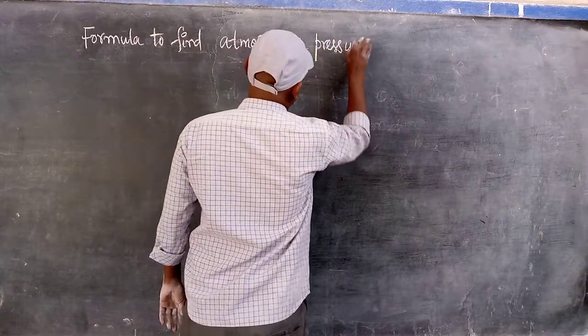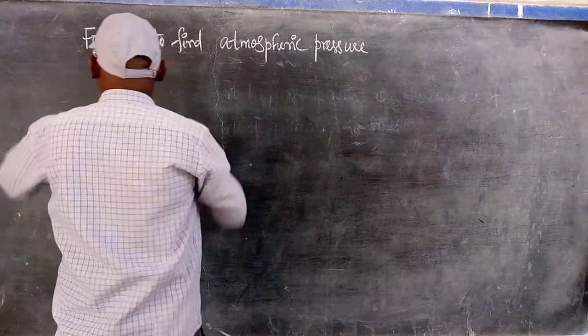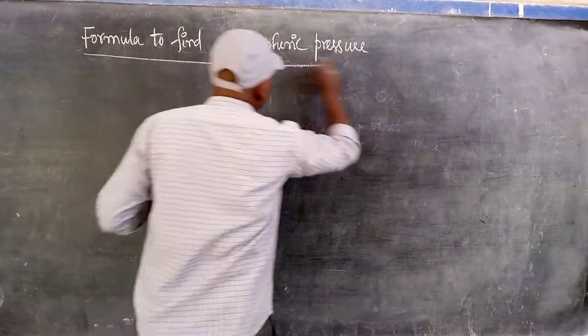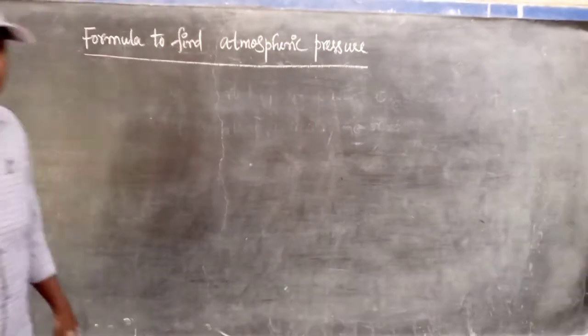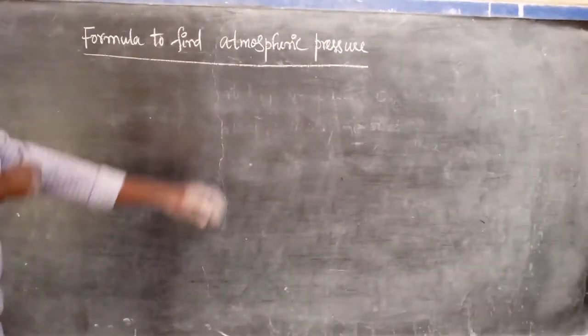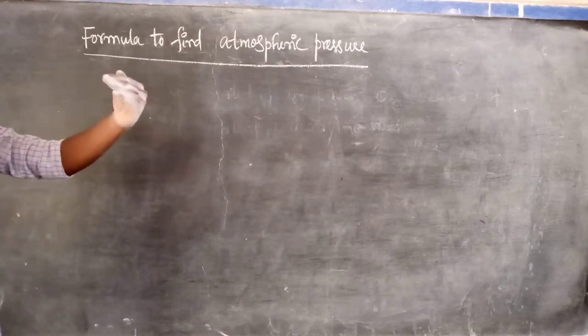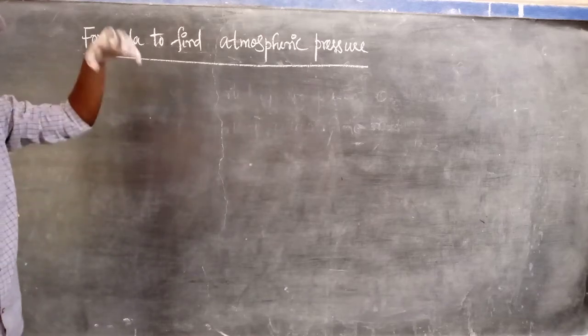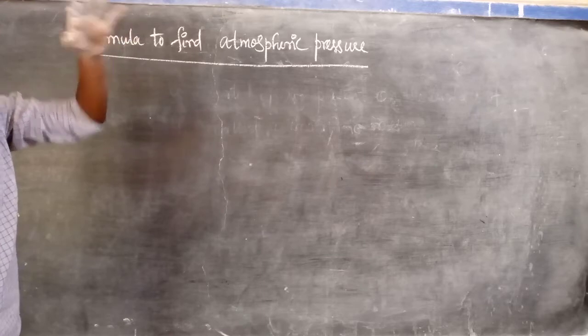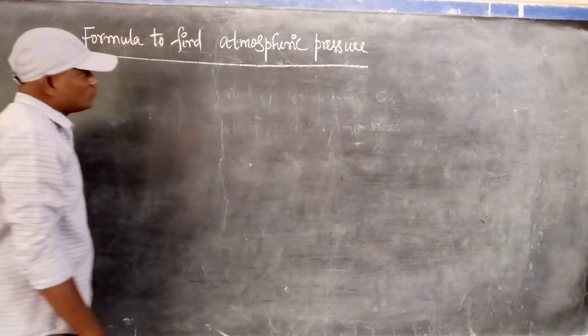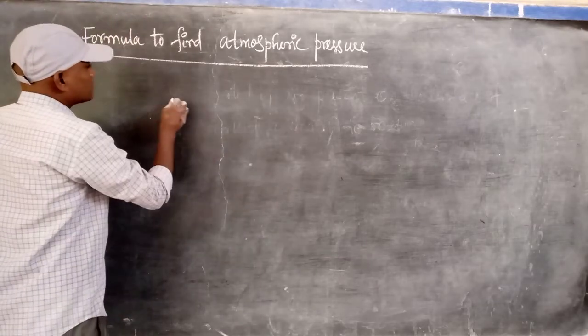The air present on the surface of the earth will apply how much pressure on a body when you place it on the surface of the earth? Or for the bodies on the surface, how much air pressure is acting on them? That is the meaning of that.